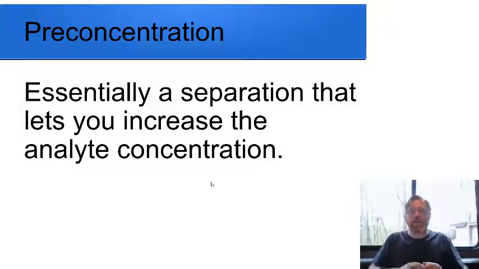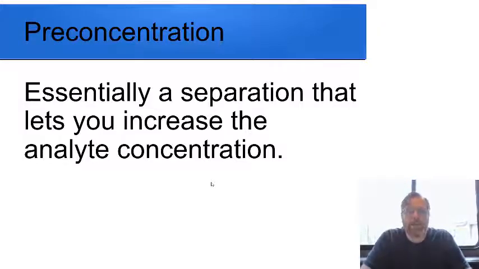So if we've got a sample where the concentration of the analyte is expected to be too low to measure, or almost too low to measure, or too low to measure very well, then we can do some form of pre-concentration to increase that concentration and get it to a range we can measure.